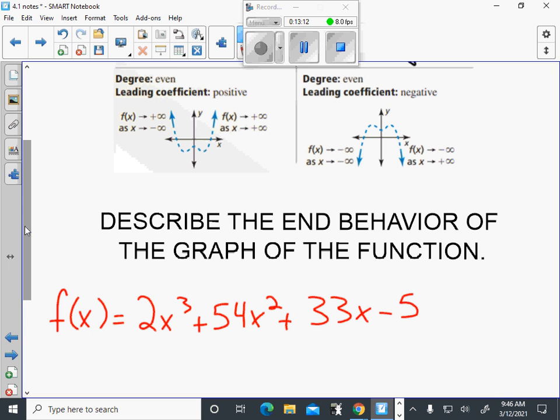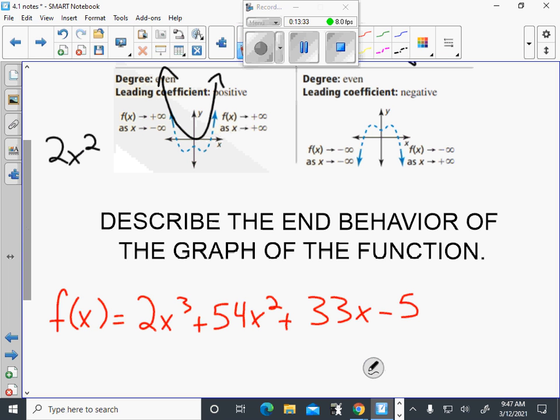Next we have these even degree polynomials, where we have 2x squared. We're going to start at the top and go down, right? We worked with quadratics before. We start from the top to come down to a key point, and then we go back up. If we have a degree of 4, we're still going to come down, have this little bend, and then go up.